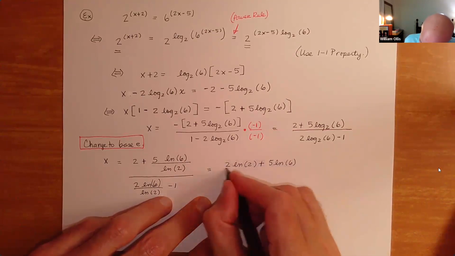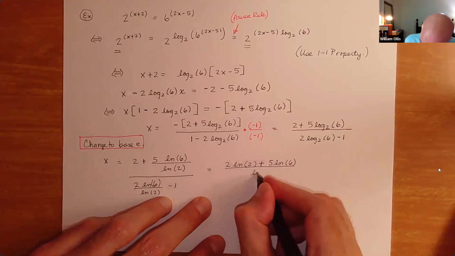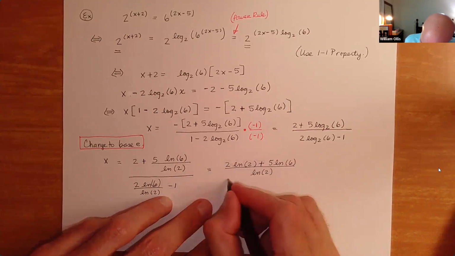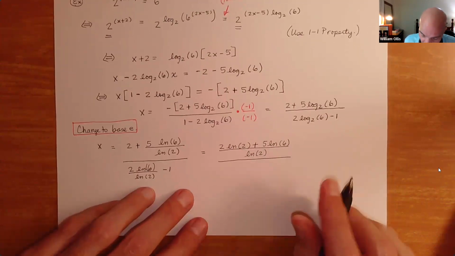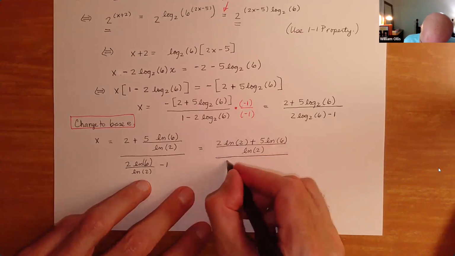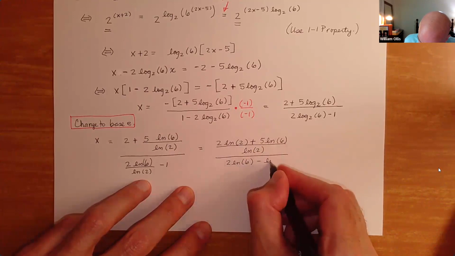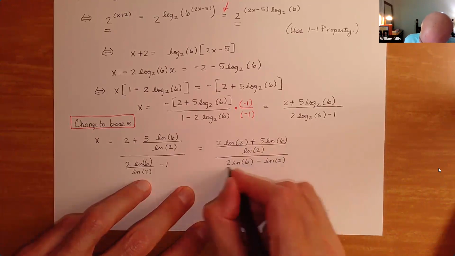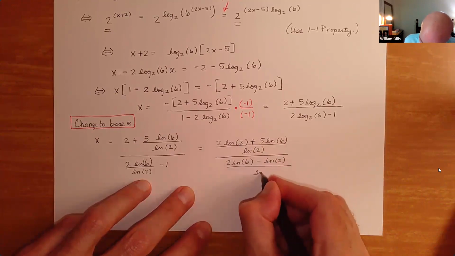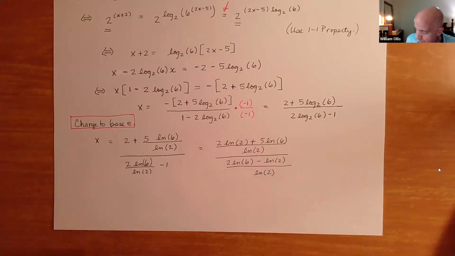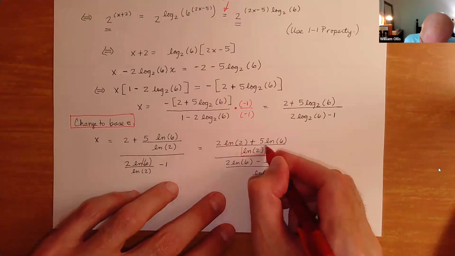Of course, this is all divided by ln 2. These will absorb, but let's go ahead and write them so you can see it. Do the same here. So we've got 2 ln 6 minus ln 2, all divided by ln 2. Very simple, just a little bit of busy work, but that's all it is. So now, of course, the ln 2's absorb.